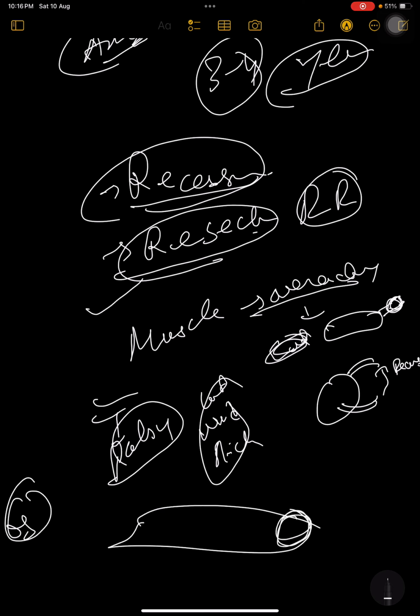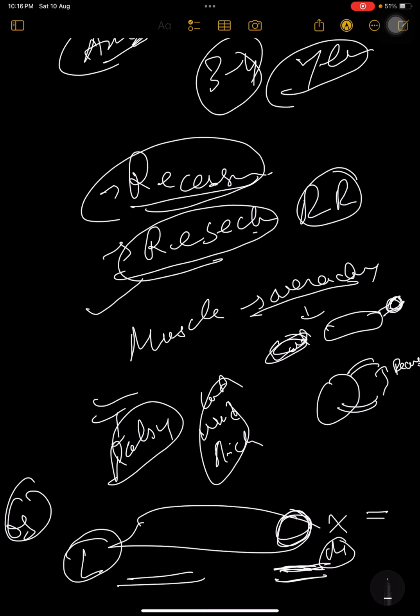For example, a person is having ESO. This is the medial side, this is the lateral side. This is the medial rectus, and you have a lateral rectus. So your medial rectus is working too much.